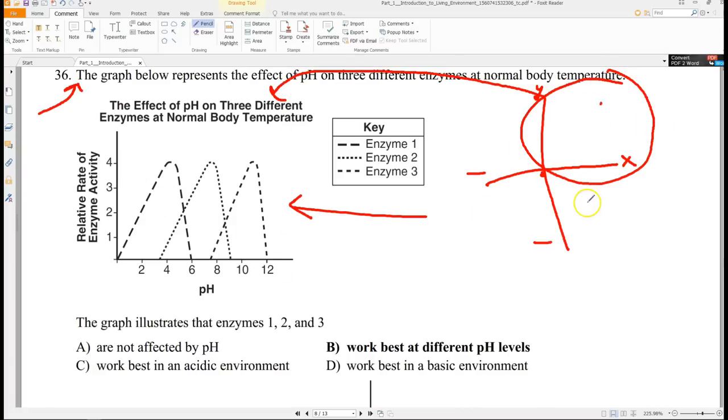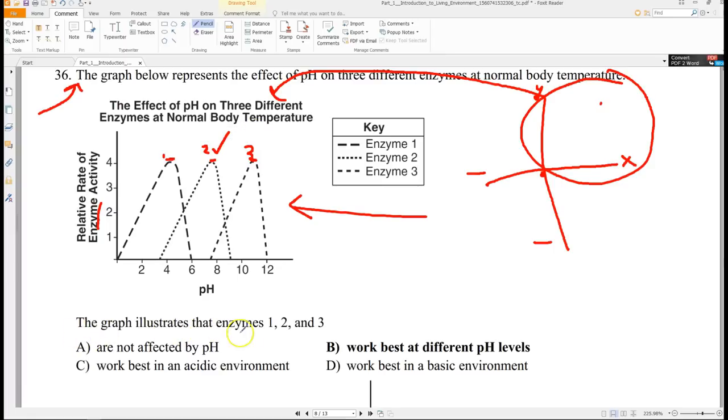Living environment always works with quadrant 1. So this is definitely three different enzymes, and they work in different settings. When you're talking about enzyme reactions, the top part of these hills is where it works at its best, optimal.